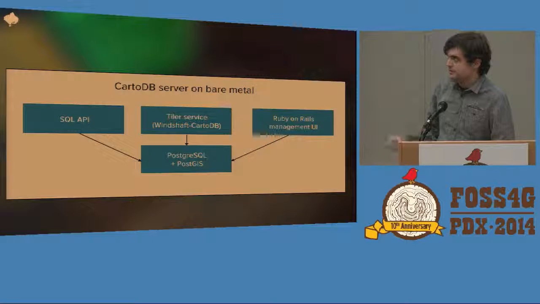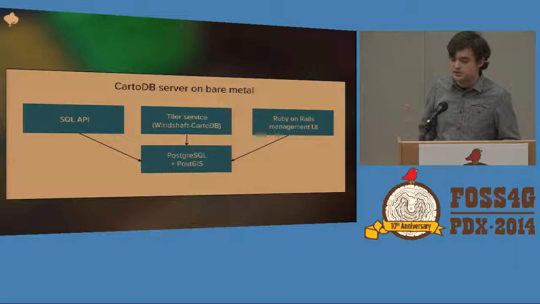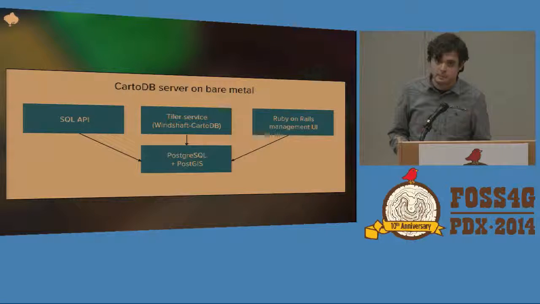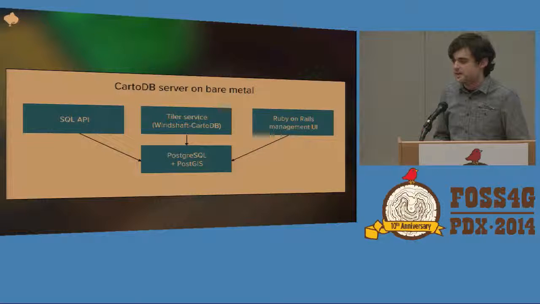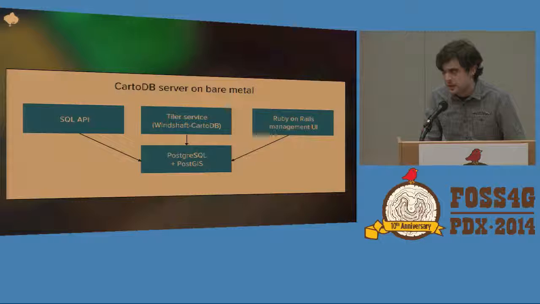The database, the SQL API, which is an API you can use just to throw SQL queries to the database server. Our tile service, which is open source too, which is Windshaft CartoDB, which is built on top of Mapnik. And then our management UI, which is the interface you see, which is made on Ruby on Rails with a hefty lot of JavaScript client-side code.